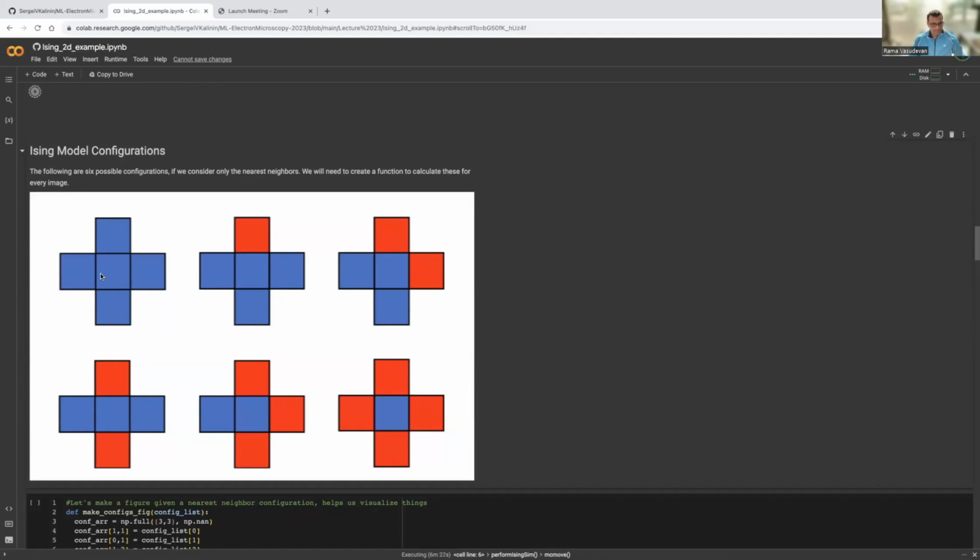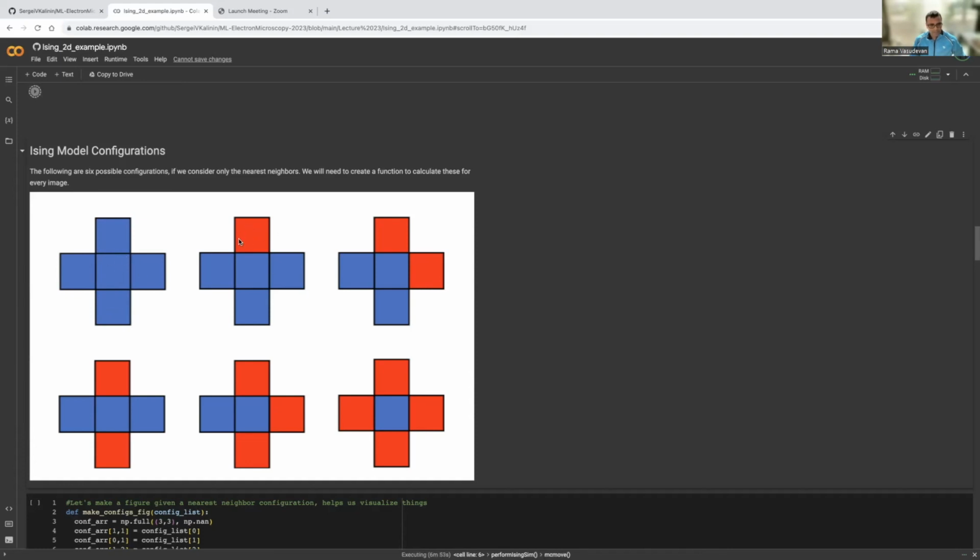So let's say that we have this sort of downspin and it is surrounded by other downspins, then you have that particular one kind of configuration. However, by symmetry, it is equal to if all of these were red, for example, right? So we can reduce the number of configurations by a significant number because many of these are equivalent. If we have all red or all blue, then that's the same configuration.